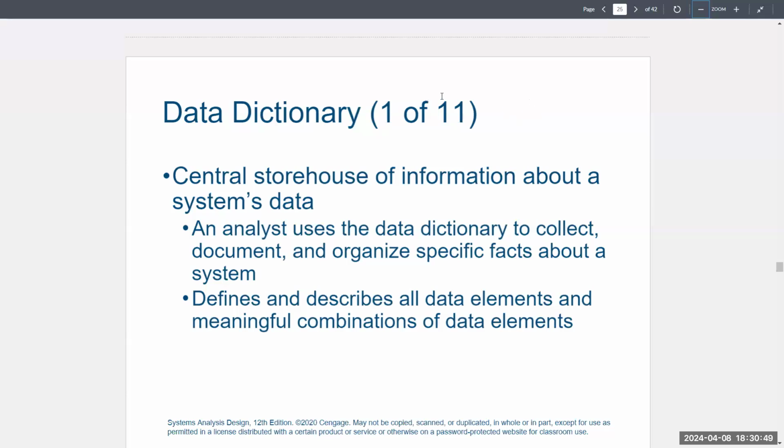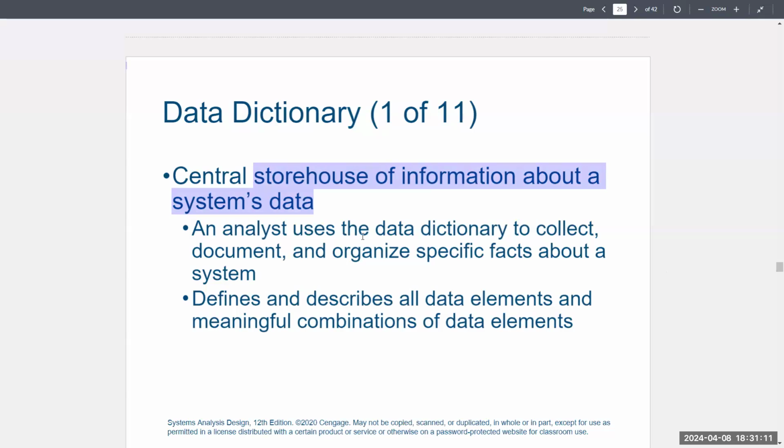So moving on to data dictionary, nothing but what? It's kind of a metadata of all of the information stored in our database, right? It's kind of a storehouse of all the information about information we're storing in a system, right? So why would it be something that system analysts would need to use, right?